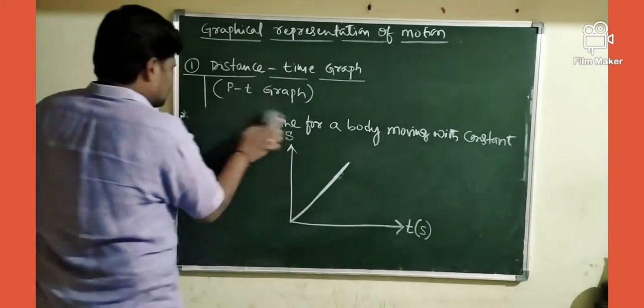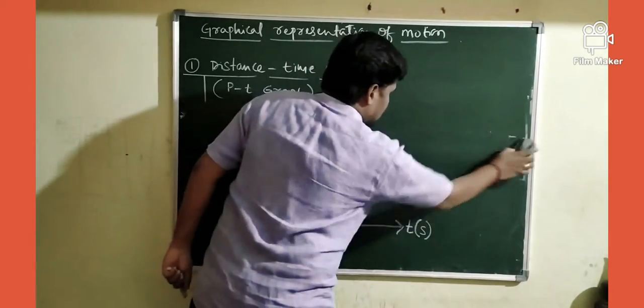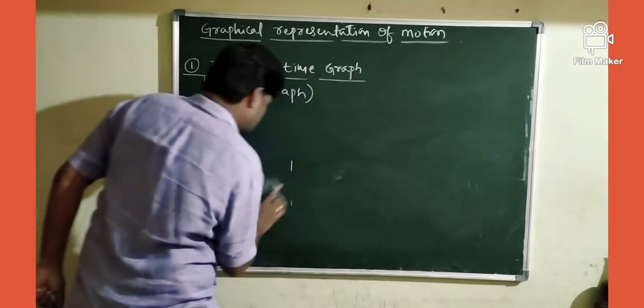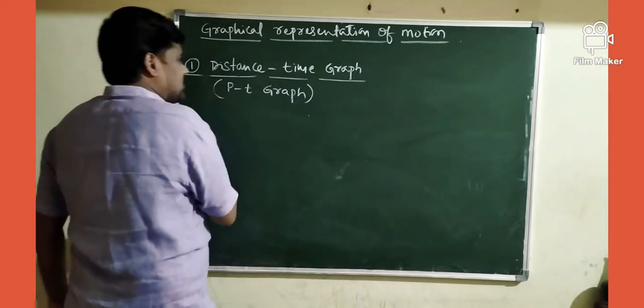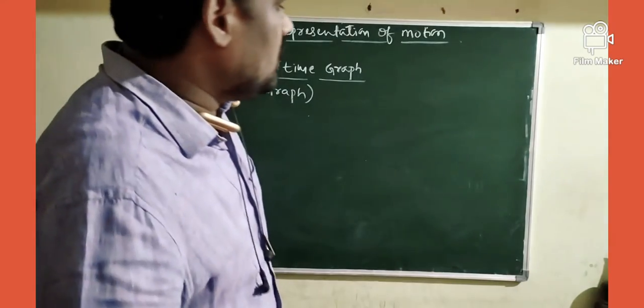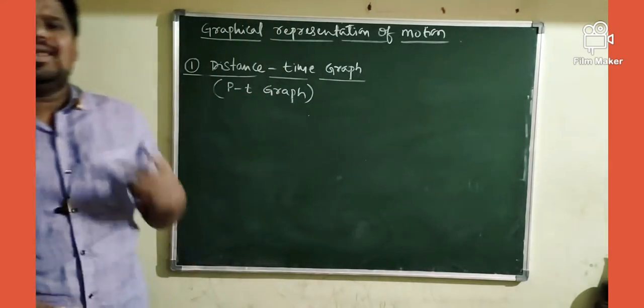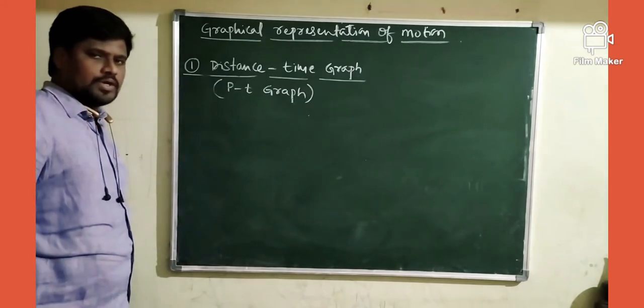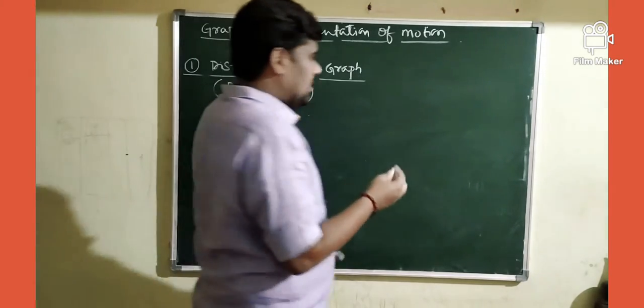As I said, if the body has uniform motion, that is, uniform speed, it is going to cover equal distance in equal intervals of time.